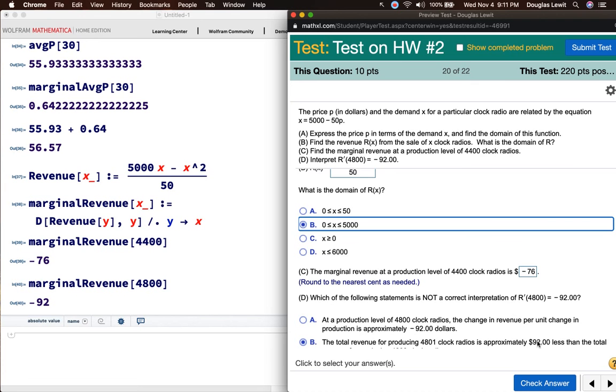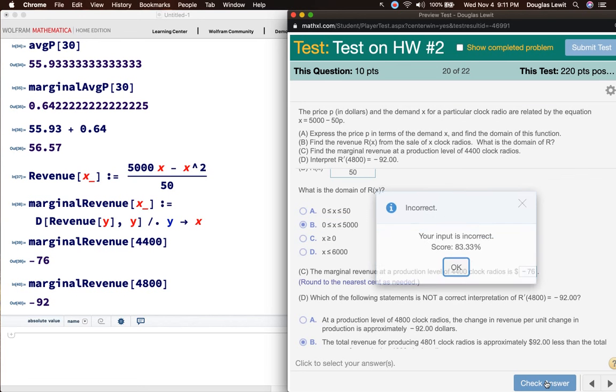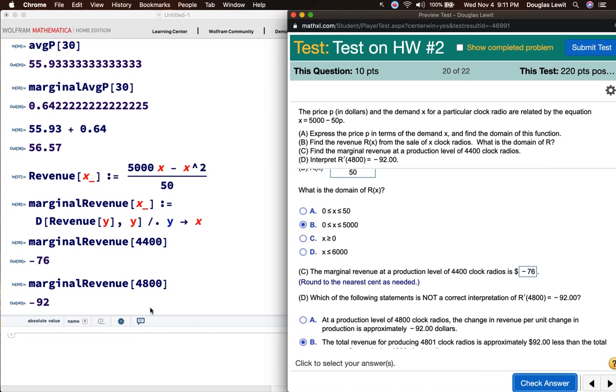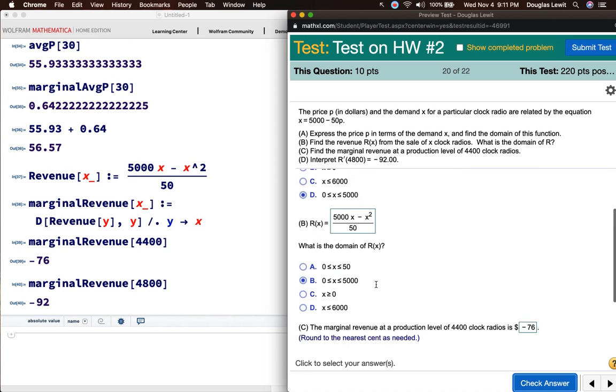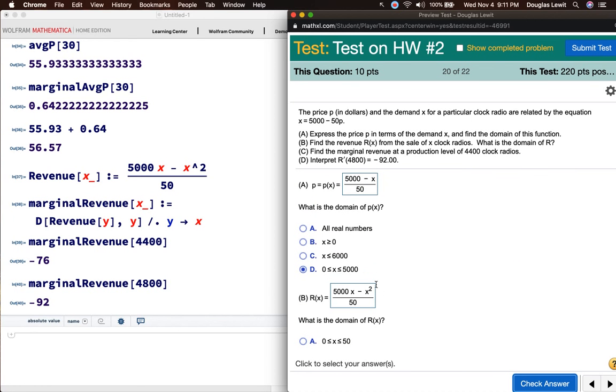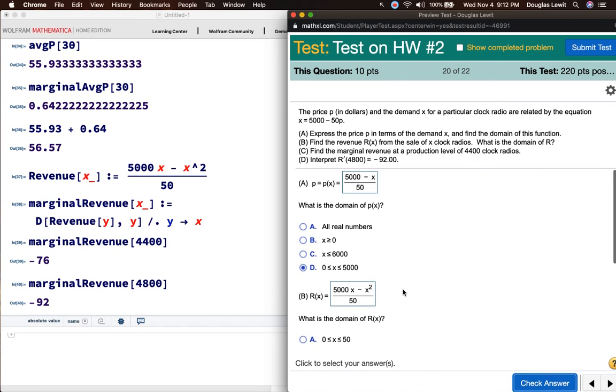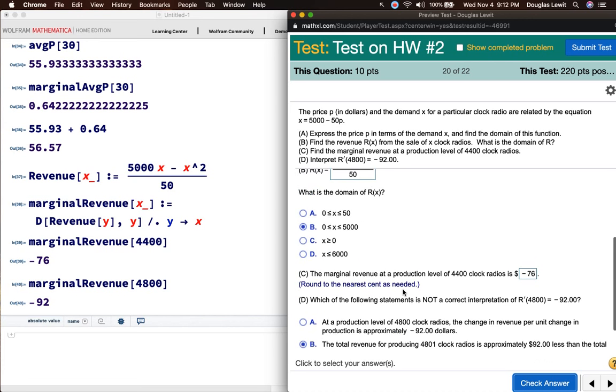Now let's check if Pearson agrees with my answer. Okay, my score went up to 83.33%. Let's see what they do not agree with. Everything here should be okay.